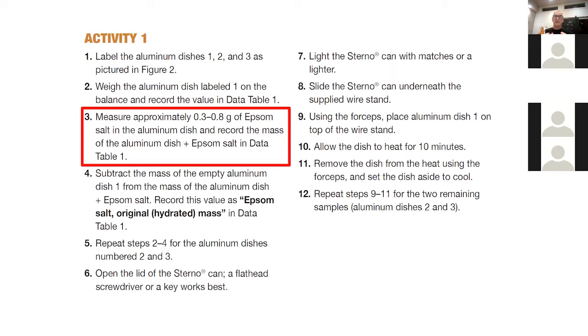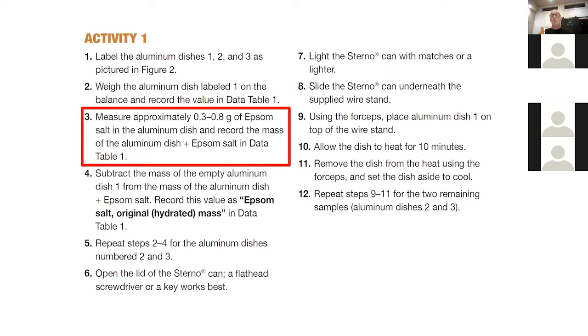So we're going to take 3 dishes, label them 1, 2, and 3. And then we're going to measure about 0.5 gram or so of Epsom salt. So you want between 0.3 and 0.8, because that's sort of in the sweet spot of being able to drive all the water off in about a 10-minute period.